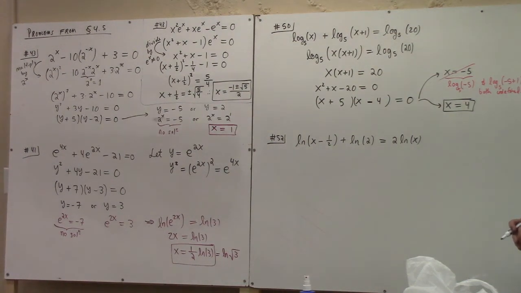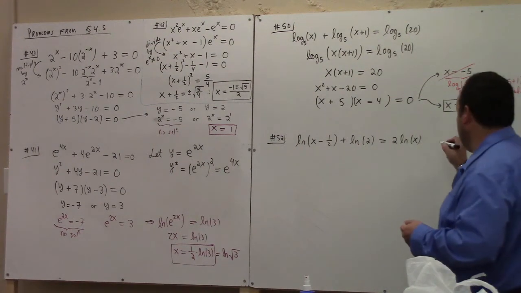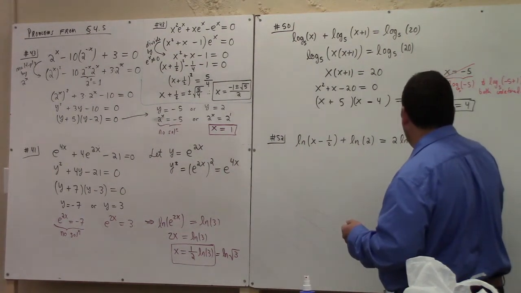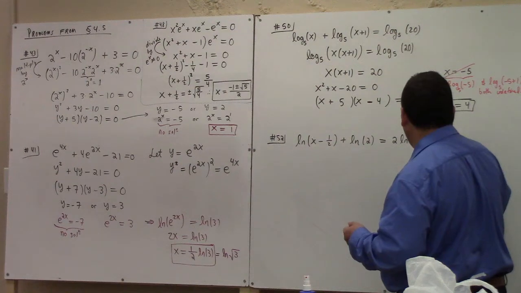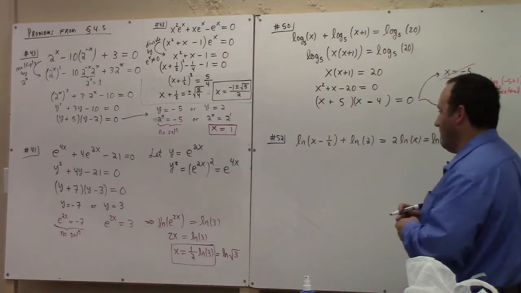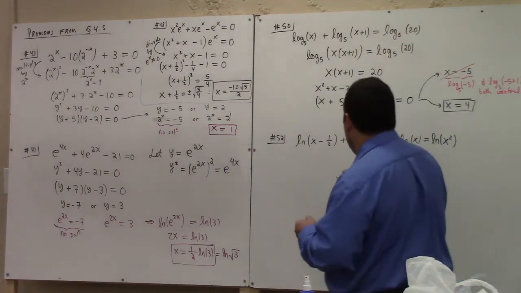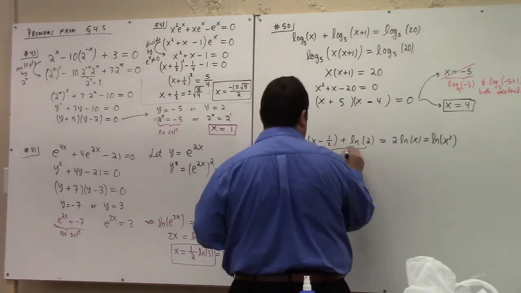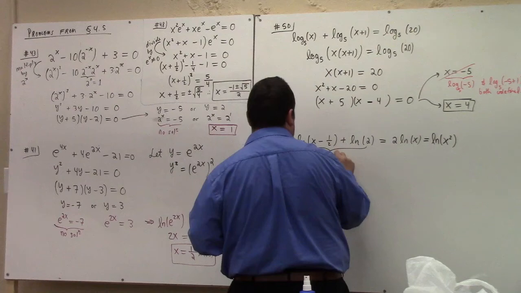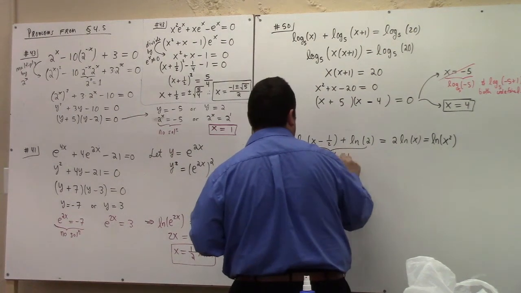So I think my first move is going to be the right-hand side I can change to the log of x squared. And then on the left-hand side, the sum of logs is the log of the product, right? So this is the natural log of x minus 1/2 times 2.